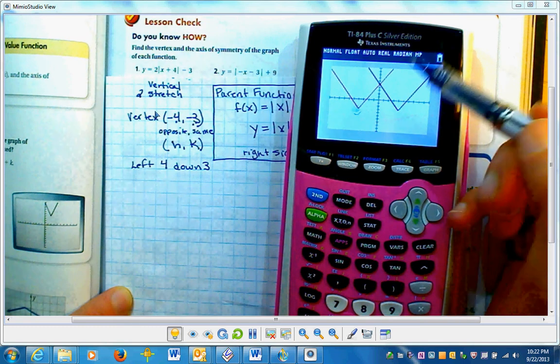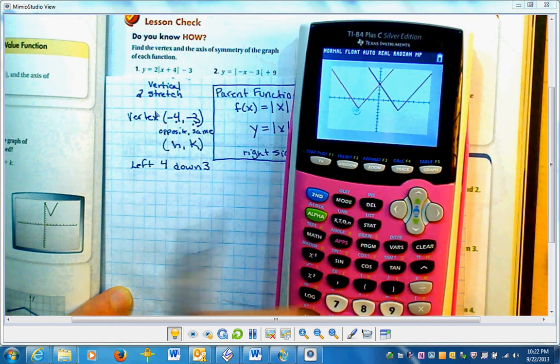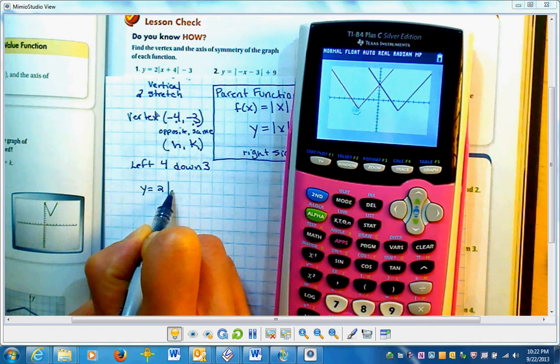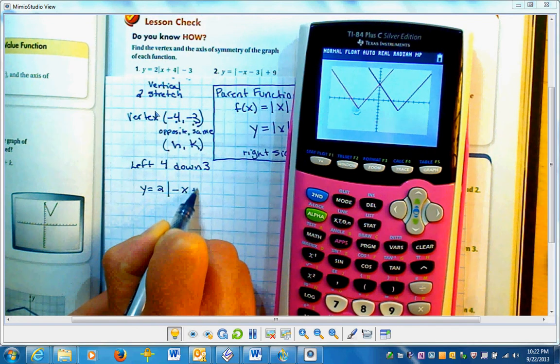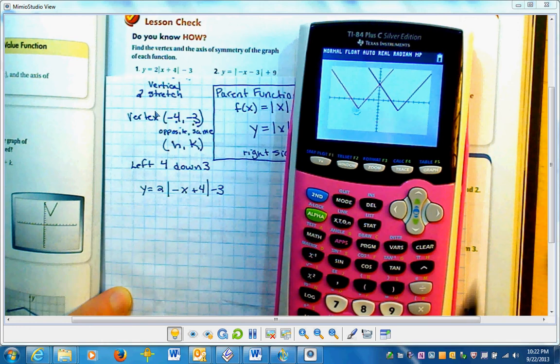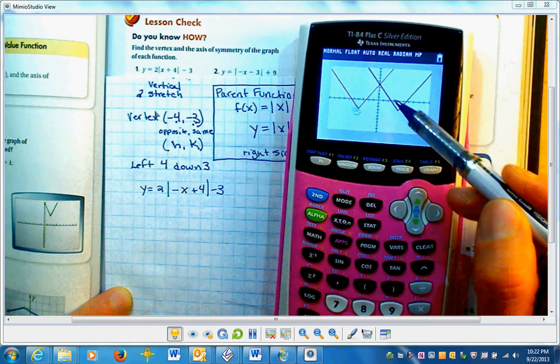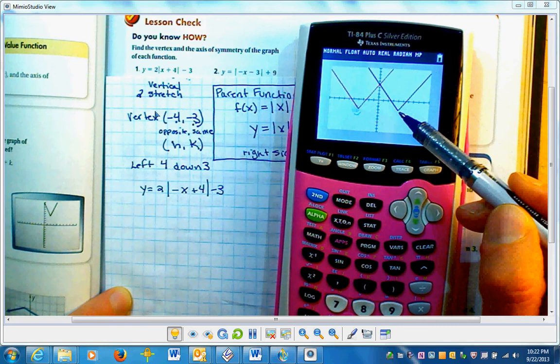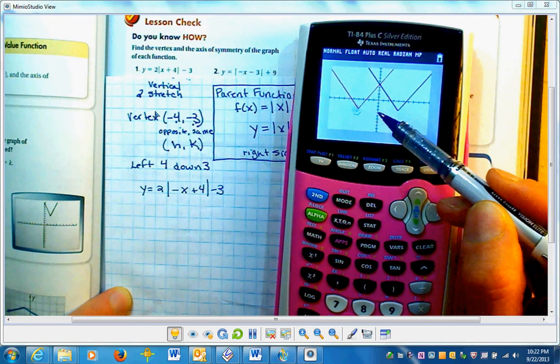So you can see that putting the function so that it's y equals 2 absolute value negative x plus 4 minus 3, it moved my absolute value function to the other side of the y-axis.